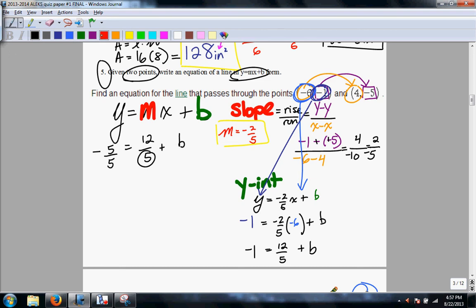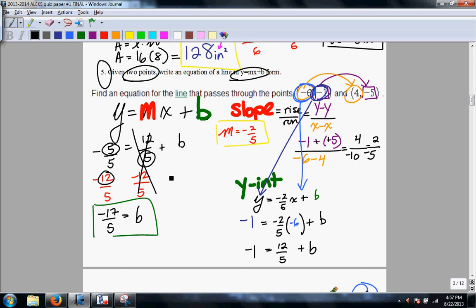So to clear that 12/5, I'm going to minus 12/5, minus 12/5. Negative 5 minus 12 is negative 17/5, and that's my solution now for b.